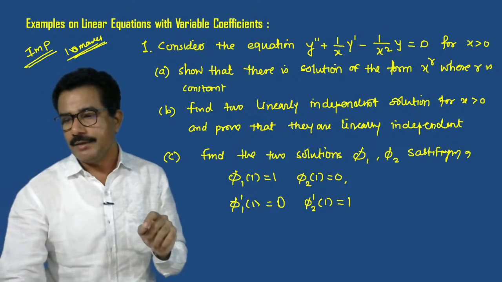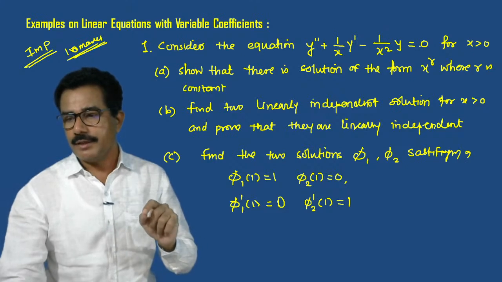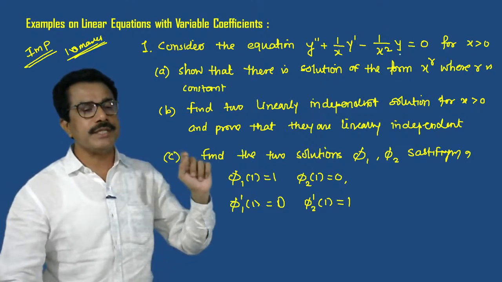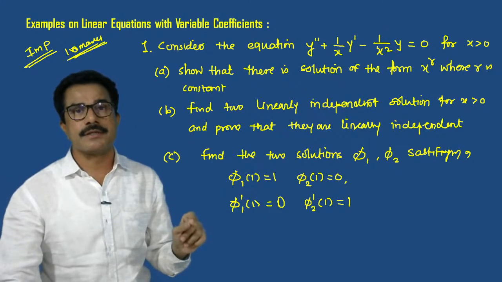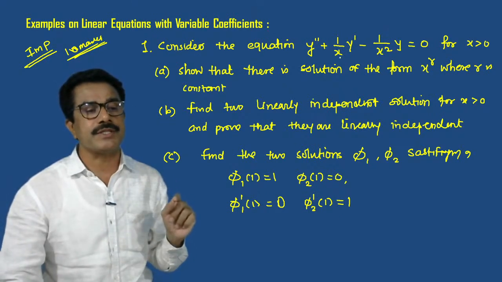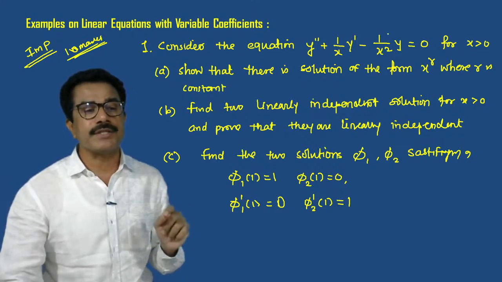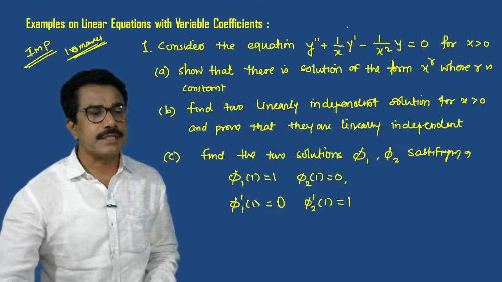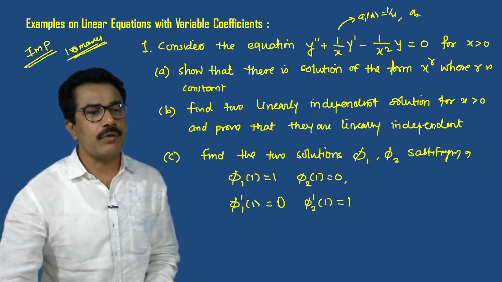Okay, Mohini Kale, Pooja, Neha, Indraini, Saddam, Manisha. Okay, this is the homogeneous differential equation of order 2 with variable coefficients. The variable coefficients given here are A1 of x equals 1 by x, and A2 of x equals minus 1 upon x square.